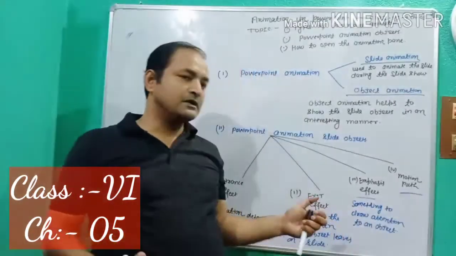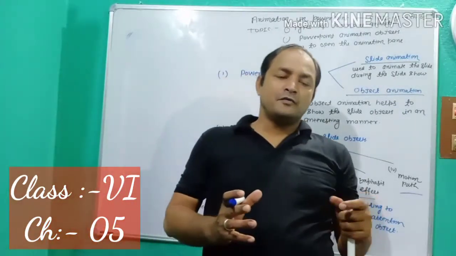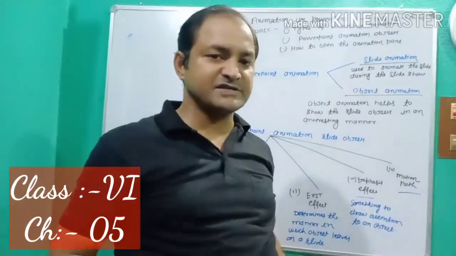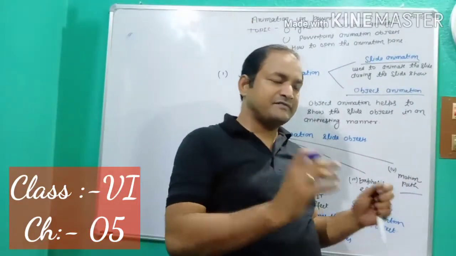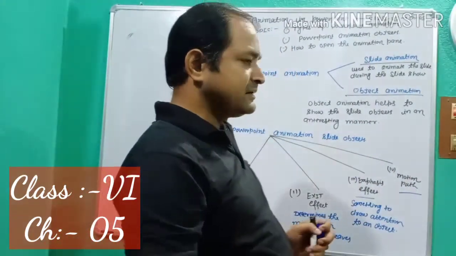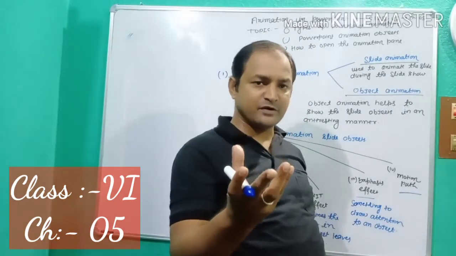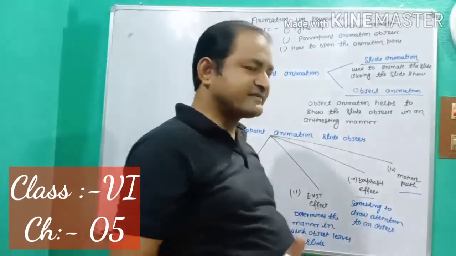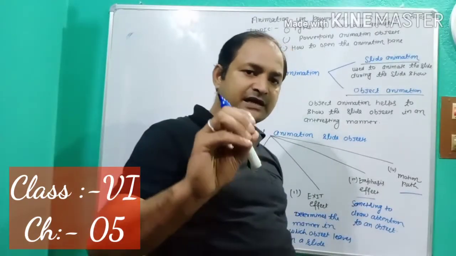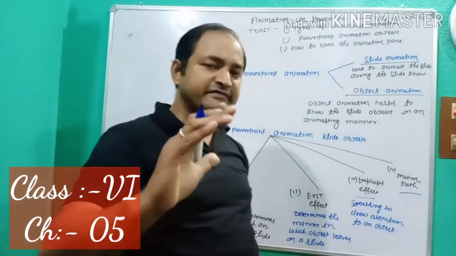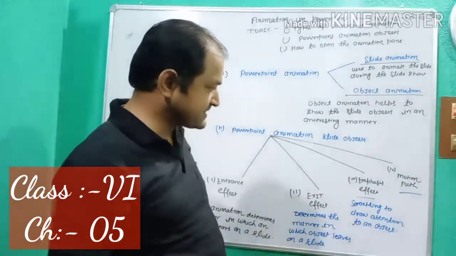Suppose when the slide show or presentation starts, the first time you open the slide, the letters are very small. So in the emphasis effect, you just make the slide object larger. This is the emphasis effect.